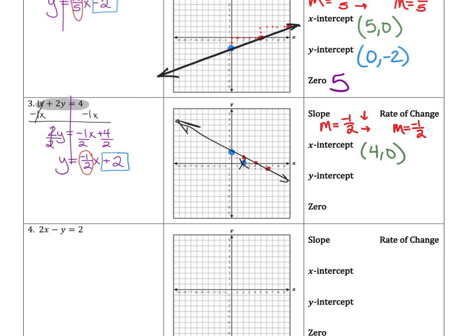Anakin, what number is it crossing on the y-axis? 0, 2. Very cool. And then Glenn, what is my 0? Zero is the same as what other vocabulary word? Four. There you go.